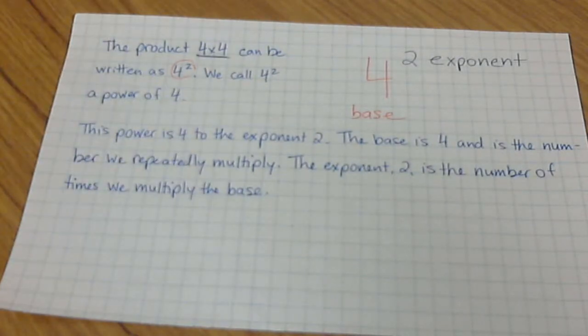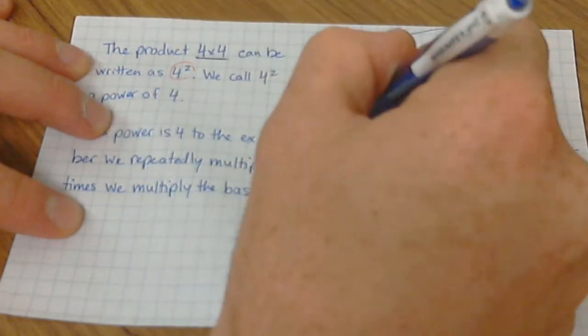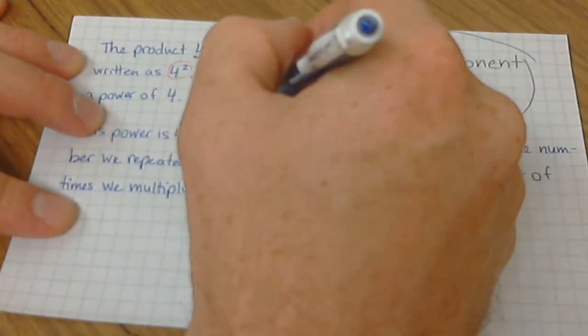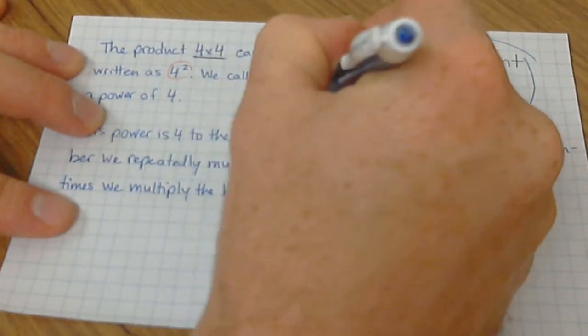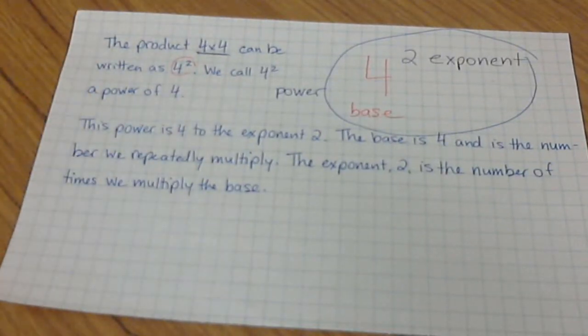The last thing is sort of the whole thing. It's the exponent and the base together, and we call that the power. So the base and the exponent together, when we put it together, it's called a power. So this power is 4 to the exponent of 2, the base is 4, and it is the number that we repeatedly multiply.